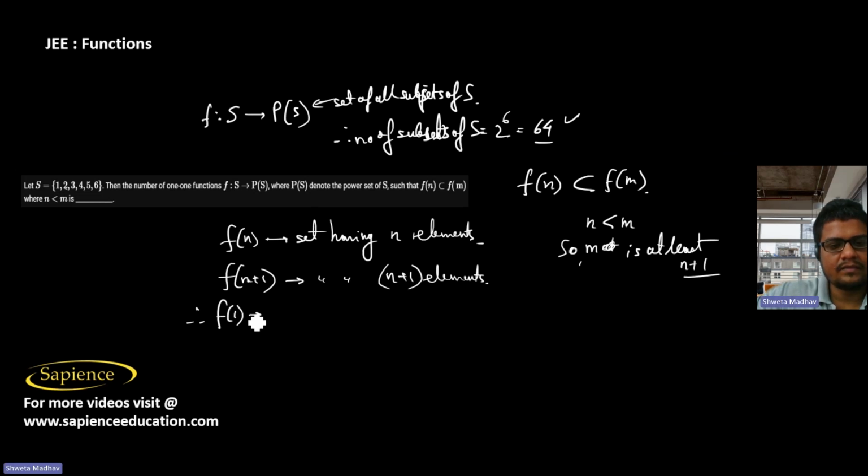So therefore f of 1 will have one element, and f of 2 will have two elements. Similarly, f of 6 will have 6 elements.